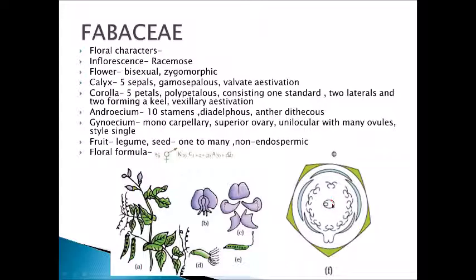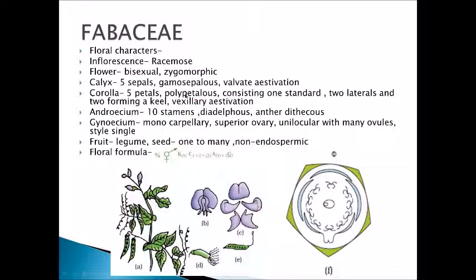In that, here one is standard. This is the standard. Then the other two, one on this side, one on the other side. These two are called lateral. And below that, these two smaller ones are joined anteriorly, and that is why that is put into the bracket.